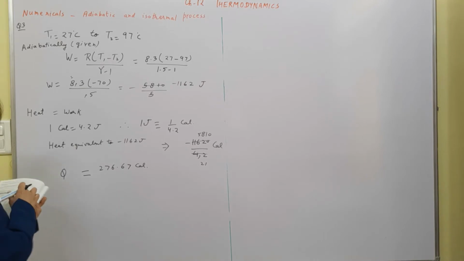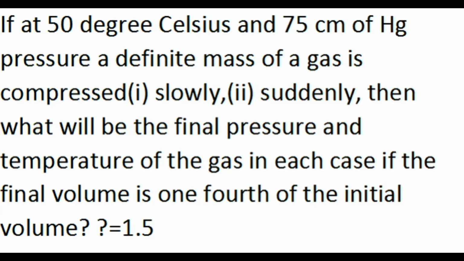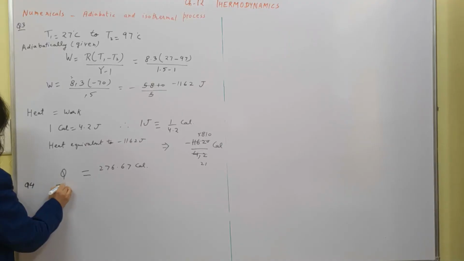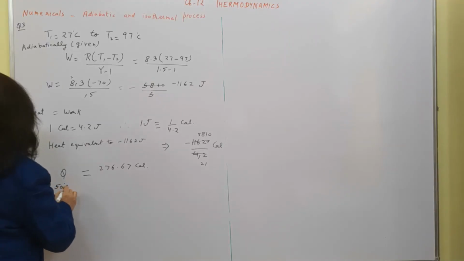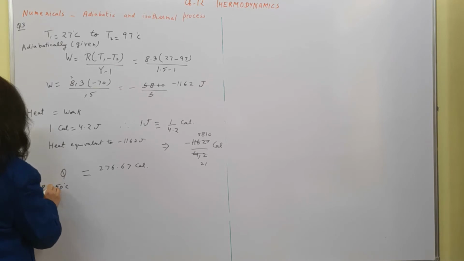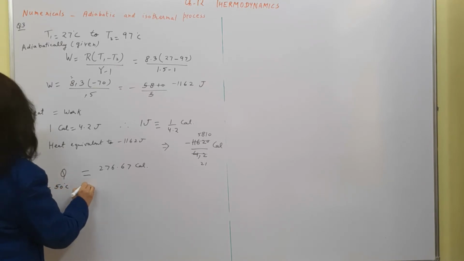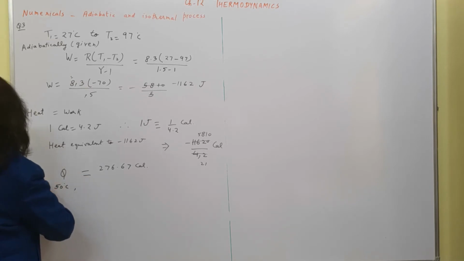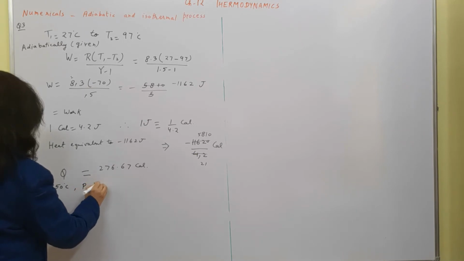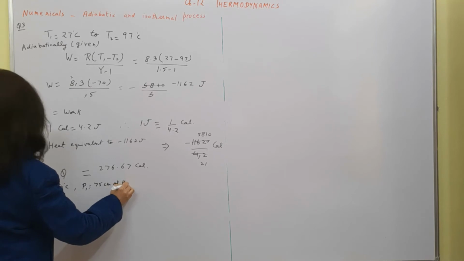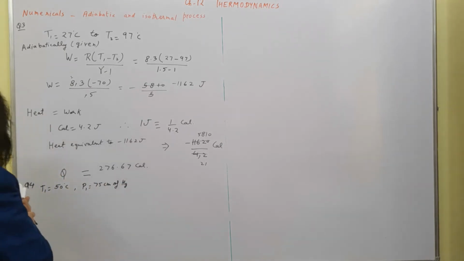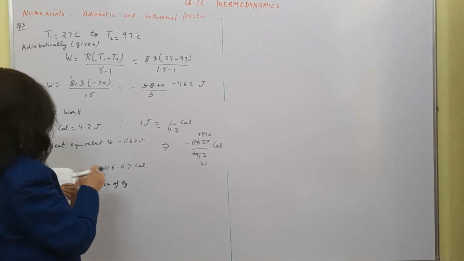If at 50 degrees Celsius and 75 centimeter of mercury pressure, a definite mass of a gas is compressed slowly and suddenly.